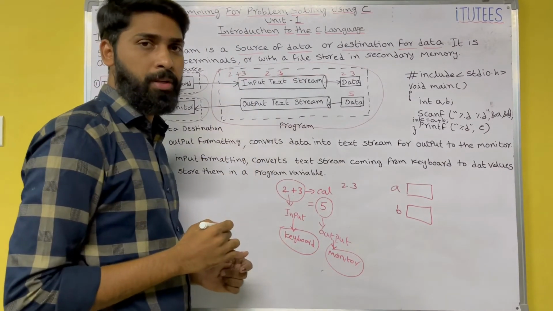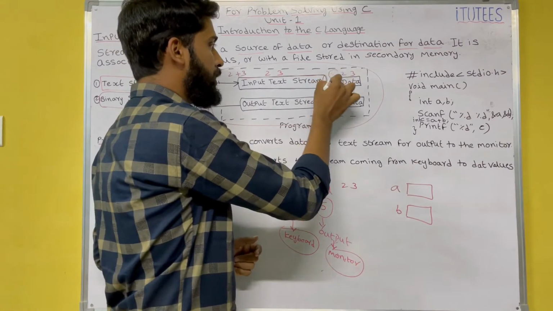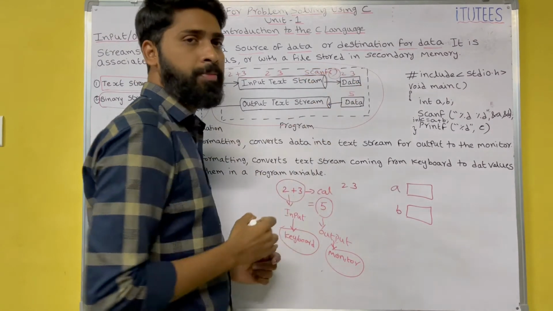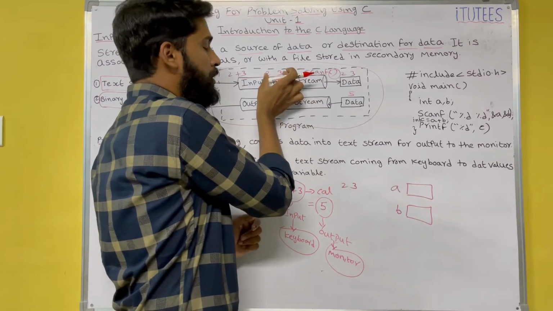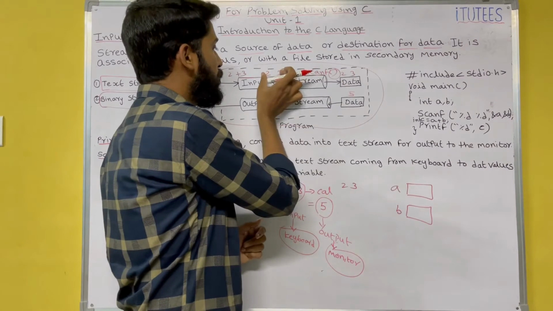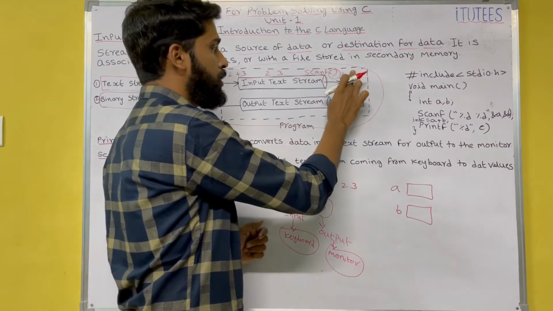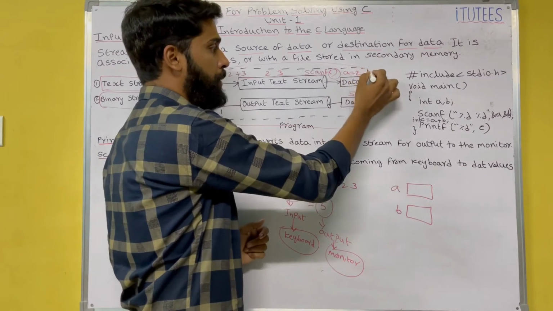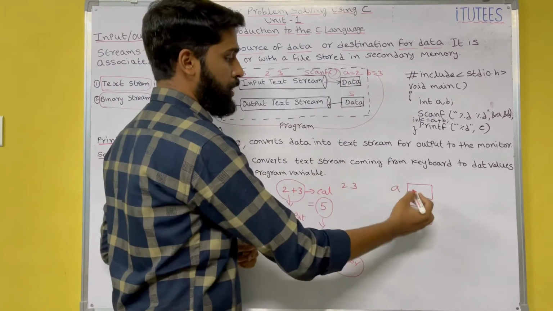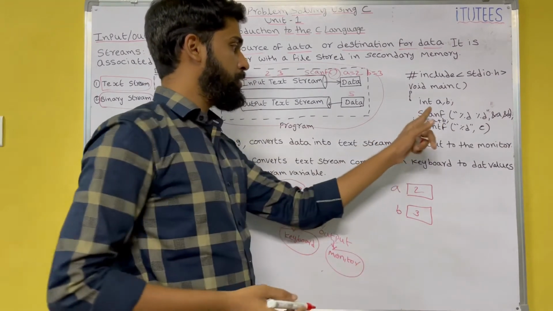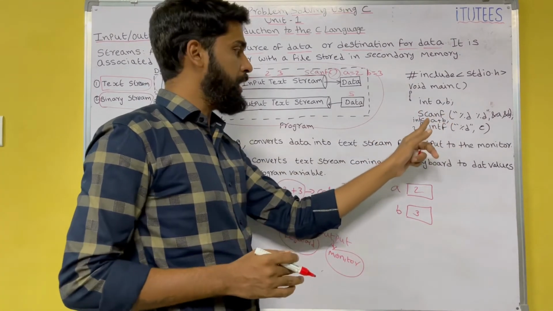Now this is in the input stream. By using one function, that function is scanf, this function converts this 2 space 3 into data variables, so a equals 2 and b equals 3. We will discuss scanf in detail.